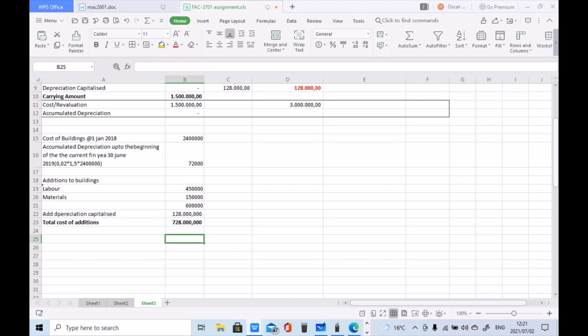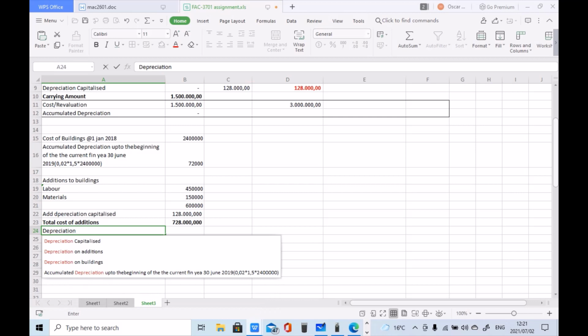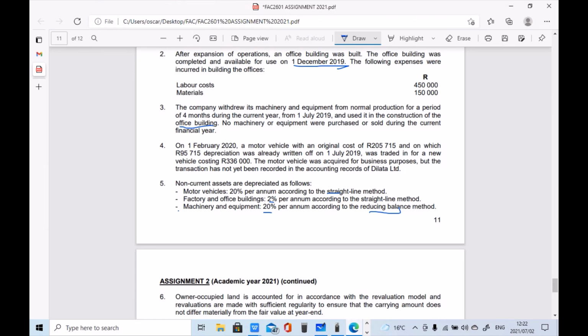You need to calculate depreciation on additions, which you calculate from the day that they were available for use. That's how we always calculate depreciation. It is calculated from the day the asset is available for use.